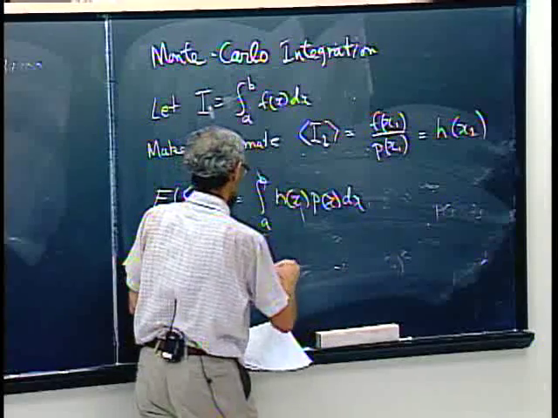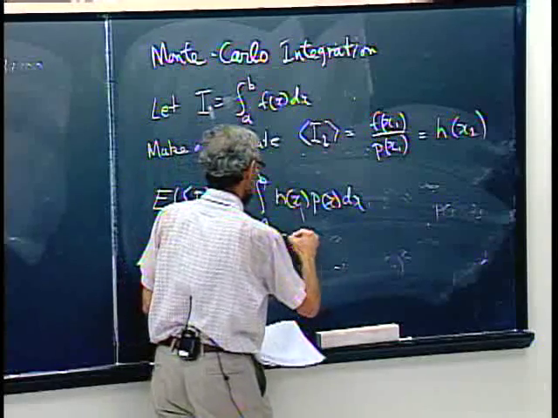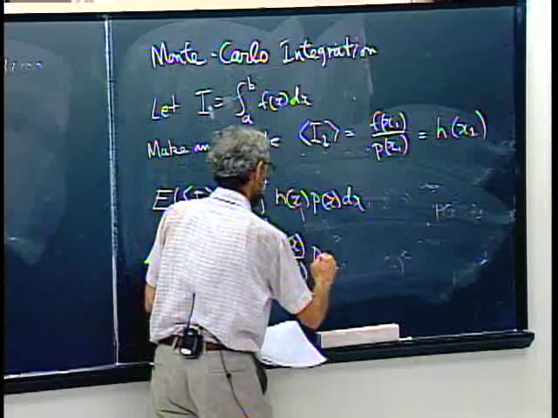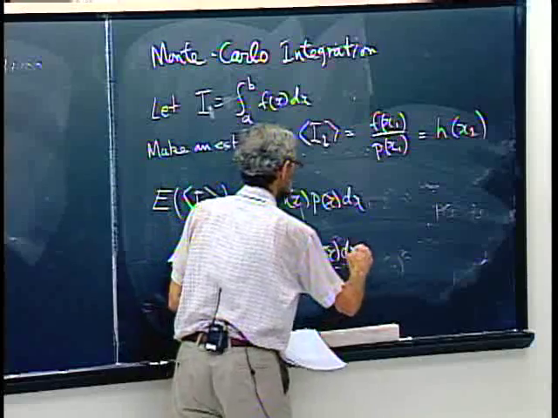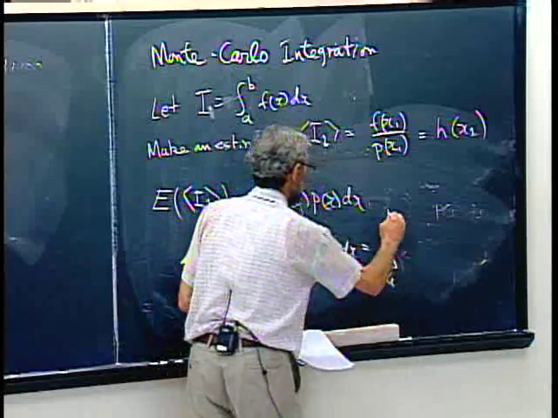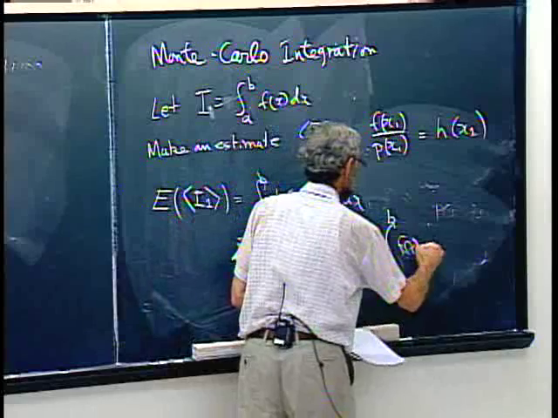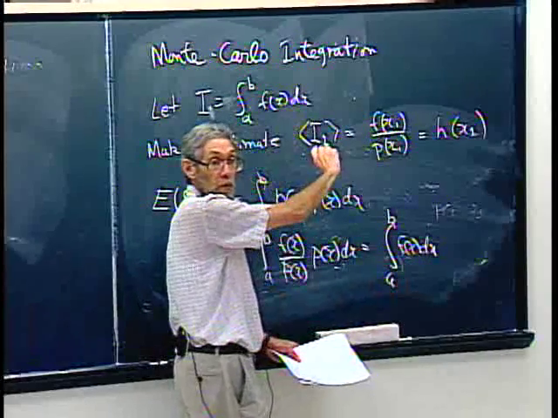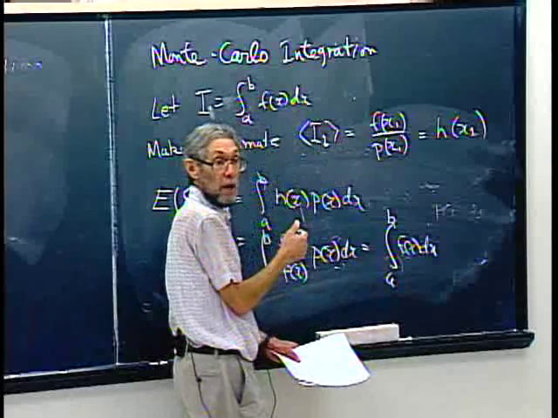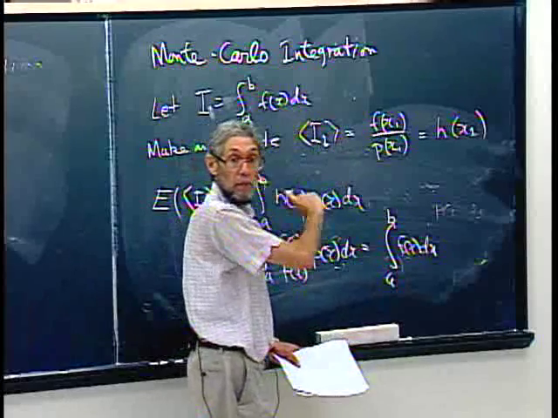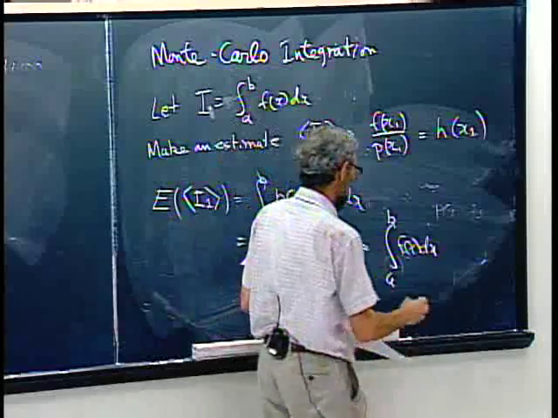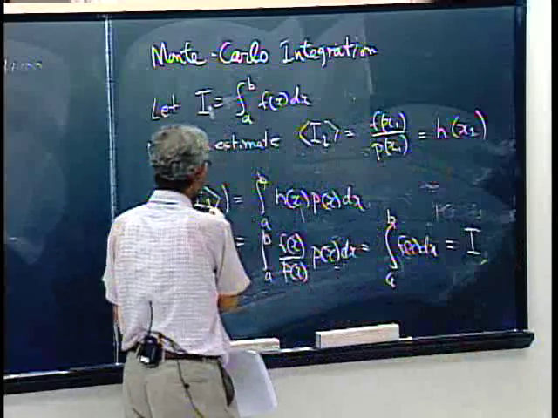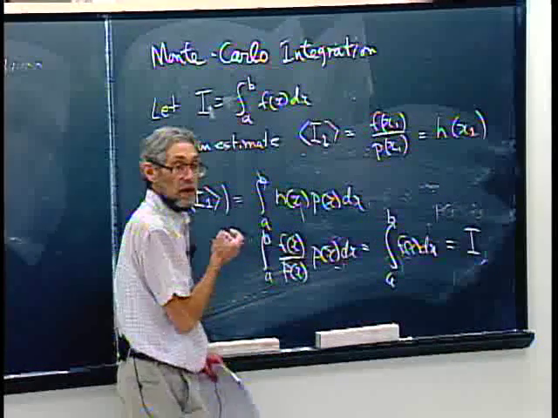And this is the integral from a to b of f of x over p of x times p of x dx, which is just the integral from a to b of f of x dx, because the p's cancel. Right? I was saying you want to weight inversely by the probability if you're not choosing all the points x equally, and that's your integral. So the expectation of this one sample is the integral.